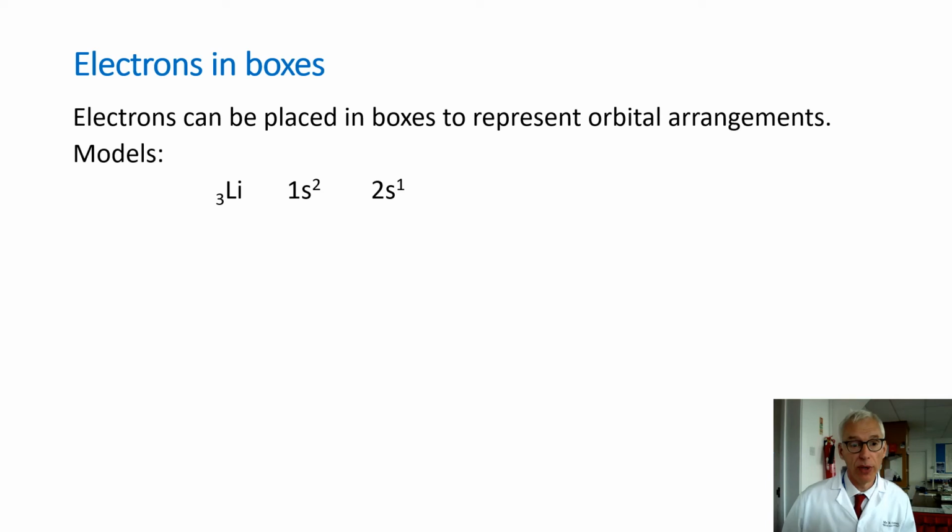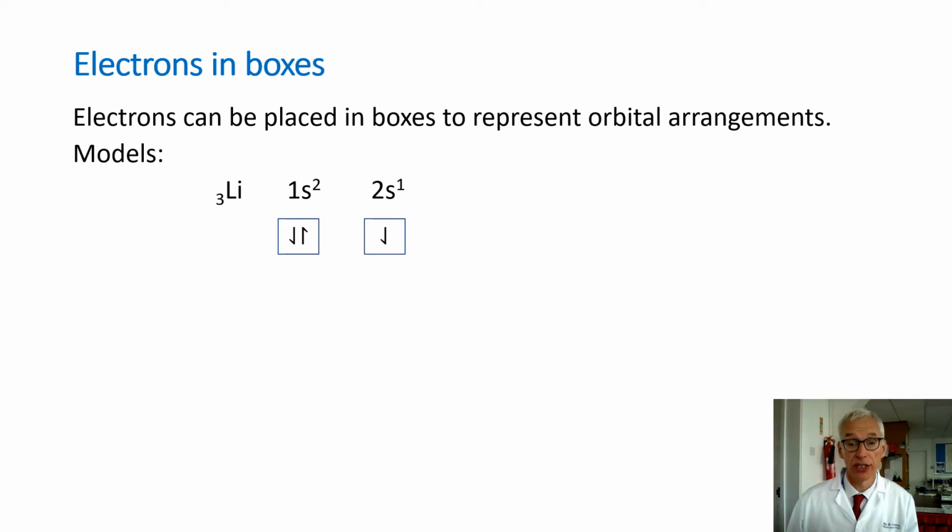To do that, we use the electrons in boxes notation. So I'll just show you what it looks like for lithium. Lithium, 1s2, 2s1. An s subshell has 1 orbital, so we simply have 1 box, but 2 electrons within it.